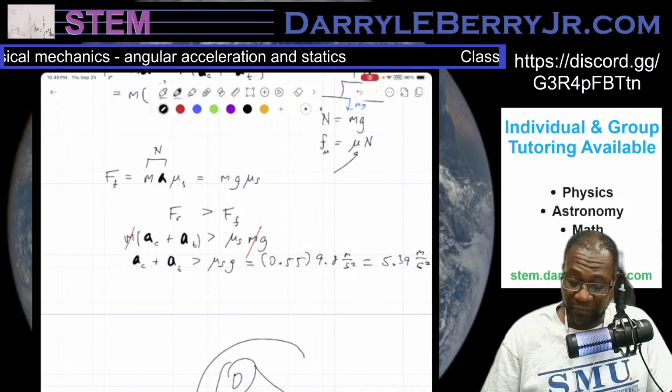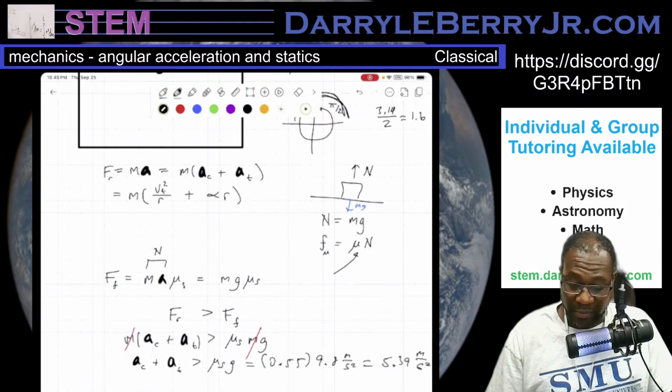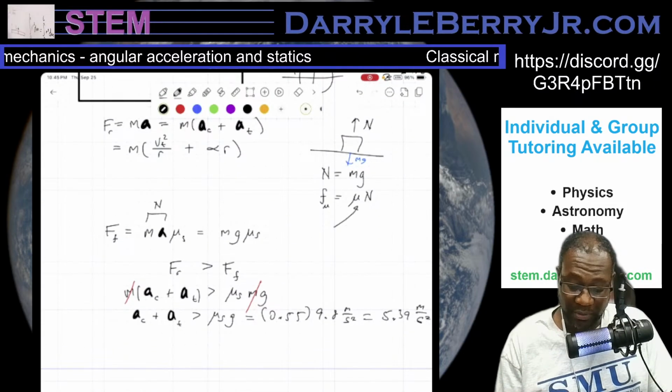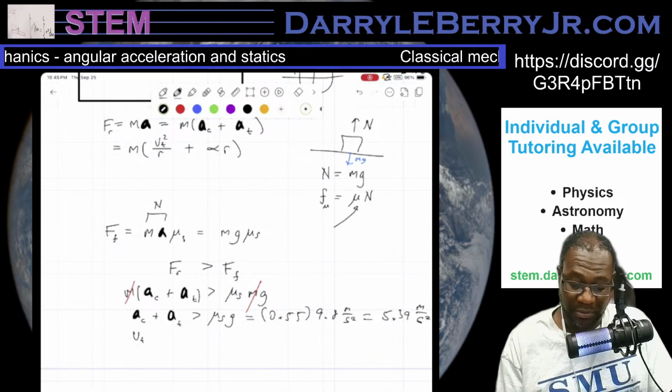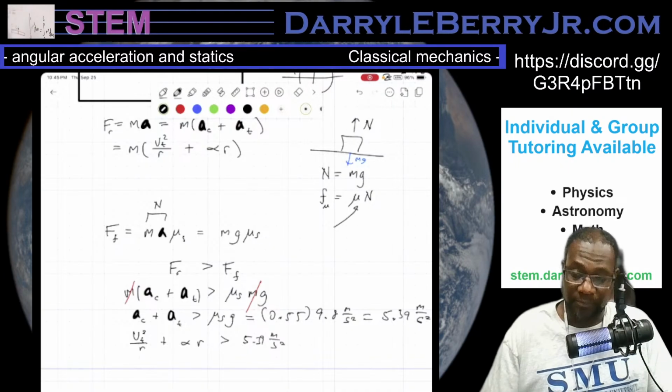If it's greater than 5.39 meters per second squared, the object will move, will slip. So we can go ahead and plug these things in and say translational velocity squared over r plus alpha r must be greater than 5.39 meters per second squared.